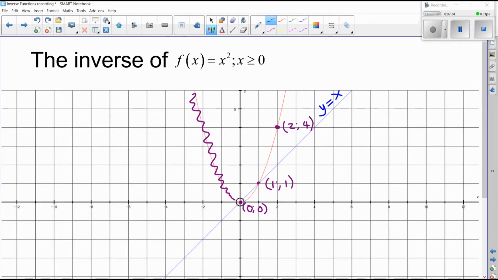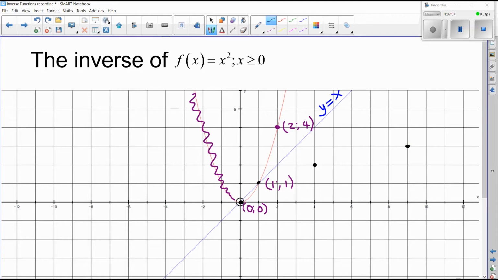So my first point is on my axis of symmetry, so its image lies on the axis of symmetry, and so for the point 1, 1. My next point, if I reflect it in the line y equals x, I will have x is 4 and y is 2. I can draw an additional point at x is 9 and y is 3, which is not on my graph.